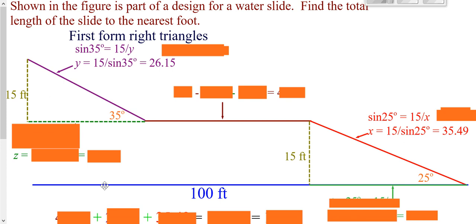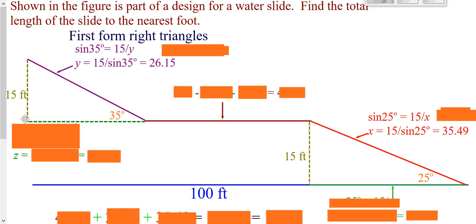Now, I know the whole distance horizontally left to right is 100, but I don't know this color right here, the horizontal in the middle. Sorry, I said 1,000, that's 100. But if I got rid of this green here and this green here from my 100, that would tell me what I'd have left over here.